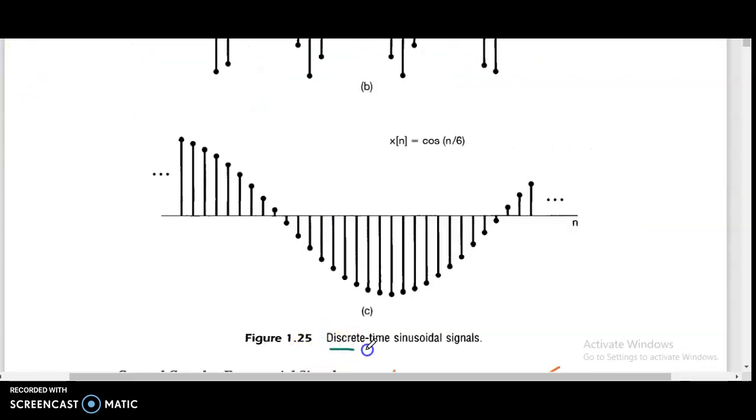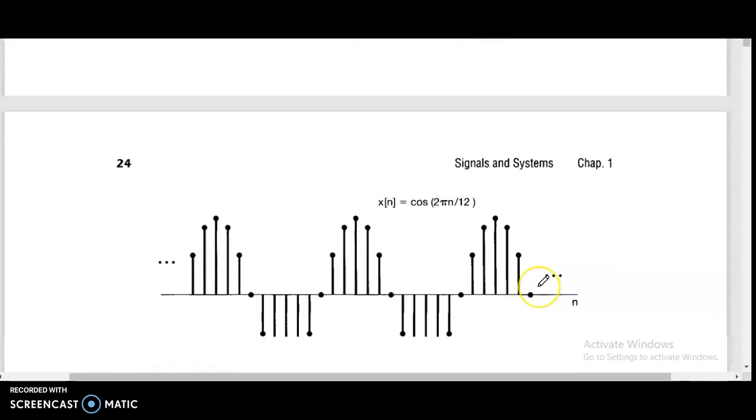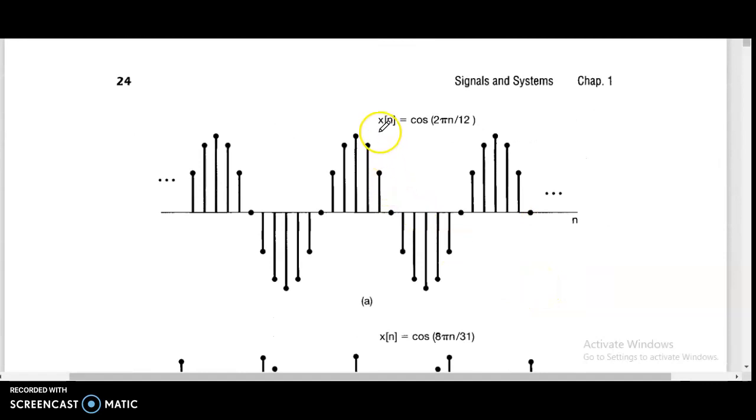Here are discrete time sinusoid signals. In this figure A, x of n equals cos of 2 pi n divided by 12. Here we count 1, 2, 3, 4, 5, 6, 7, 8, 9, 10, 11, 12. So this 12 came here, this point 12.